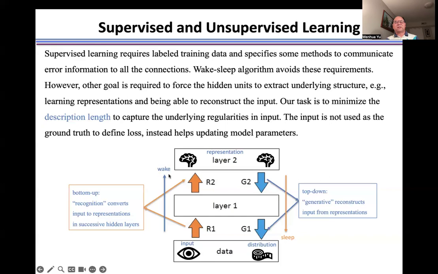In the wake phase, we open our eyes and take the input in to generate representations. In the sleep phase, we close our eyes and generate a new distribution from the representations. The top-down procedure is a generative model, and the bottom-up procedure is a recognition model.